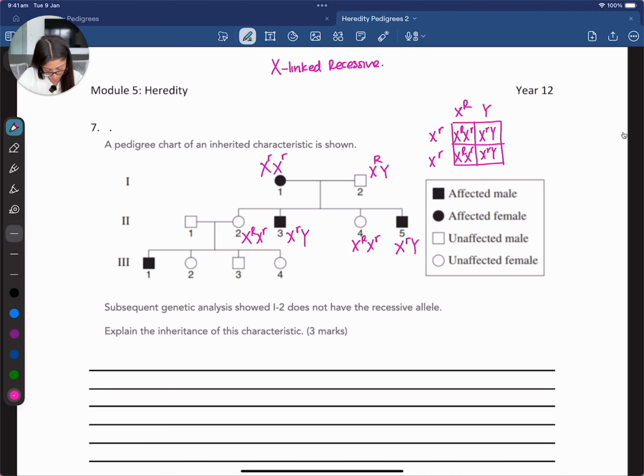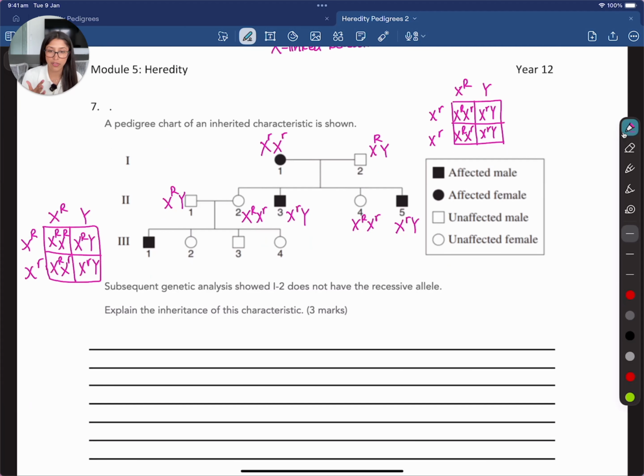Now looking at the couple in generation 2, the male here is unaffected, so they would have capital R in their genotype. Now I've also done a Punnett square on the left there. So if I look at all of the offspring, this male who is affected has this genotype, and we can see that is a possibility from the Punnett square.